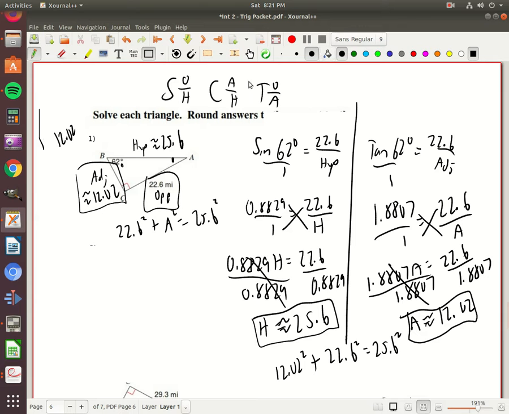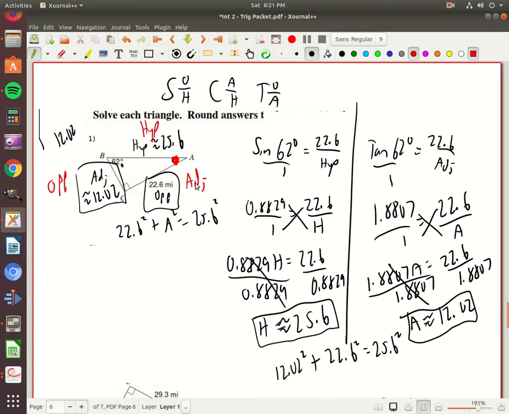From A's perspective, this is now the opposite, and this is now the adjacent. This is still the hypotenuse.